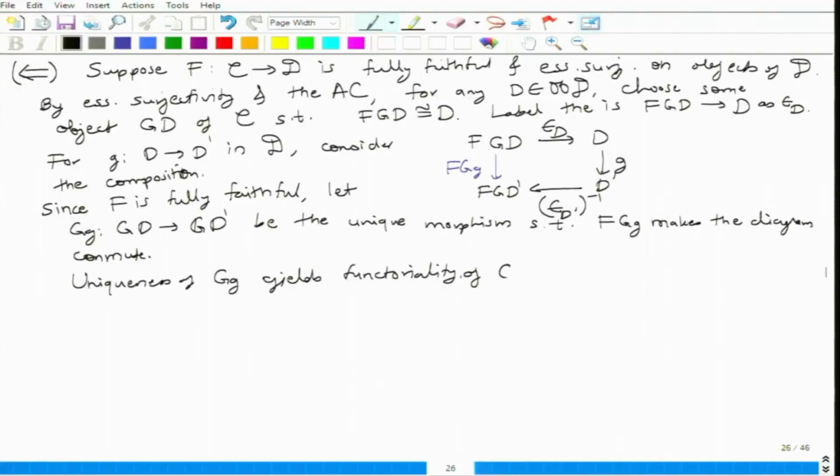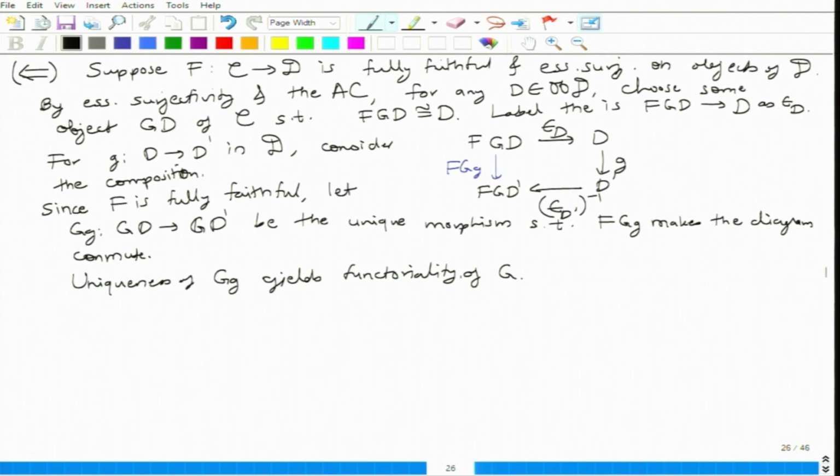And there will be something else also which corresponds to G dash composed with G, right? So that composition and this composition, they have to agree because one works. So uniqueness of this GG yields this functoriality of G. Okay, so you can write this proof down. Yeah, it's simple.